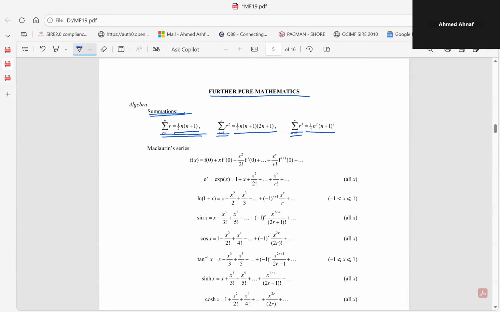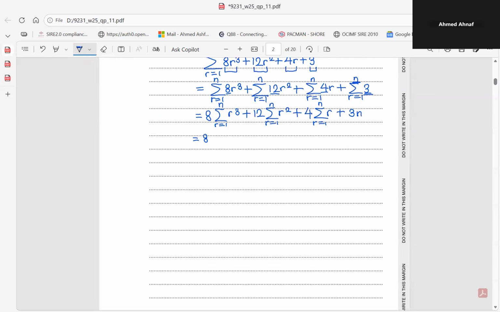So for r cubed it is 1 over 4 times n squared times n plus 1 squared.